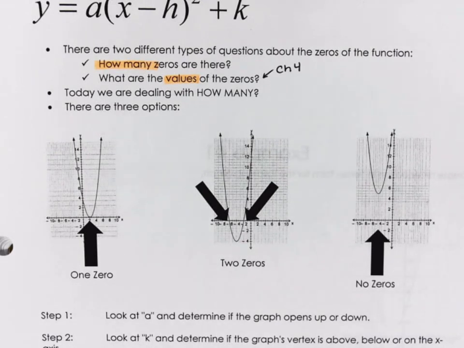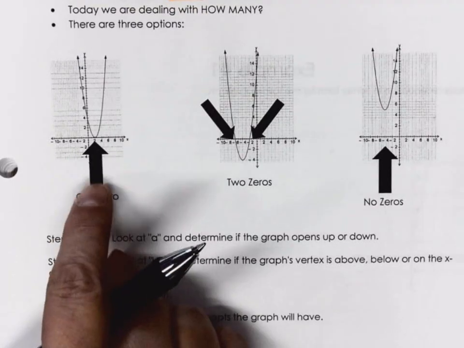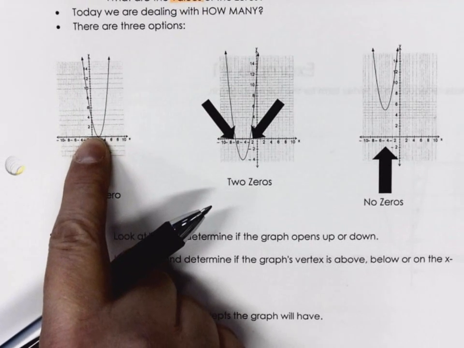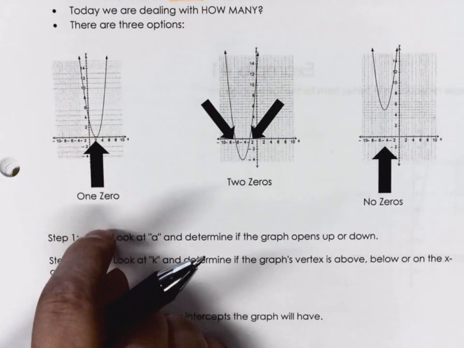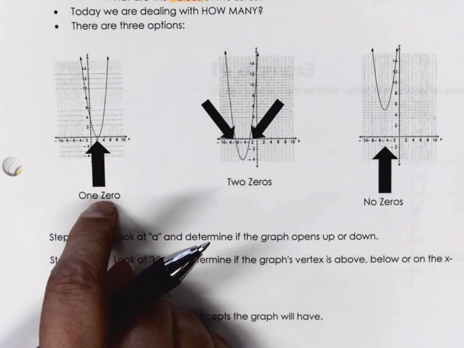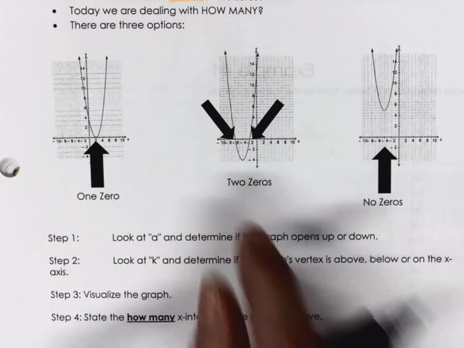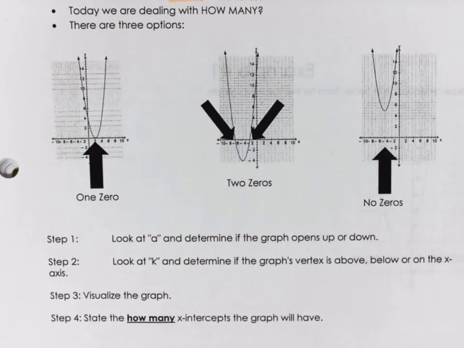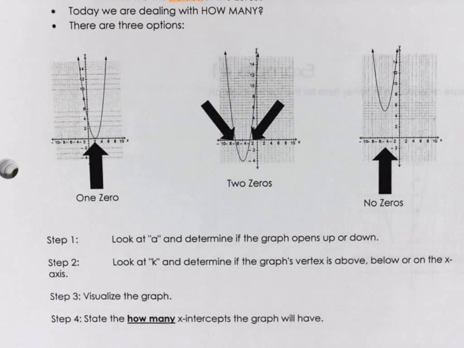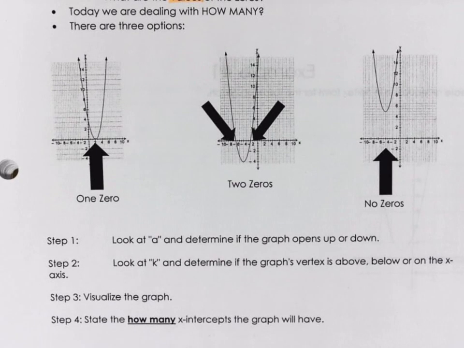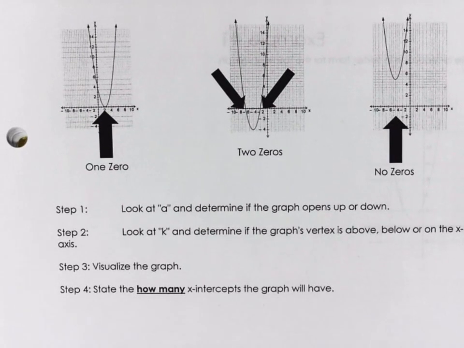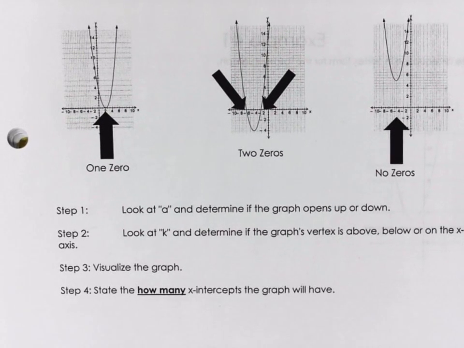And you are going to tell me if there is 1 zero, that would mean the vertex is sitting on the x-axis. 2 zeros, it obviously crosses the x-axis. And then we have a situation with no zeros. So you have a 1 in 3 chance of getting it correct. Okay? And it's my step 3. Close your eyes, visualize, life's good. Okay. So let's do that.